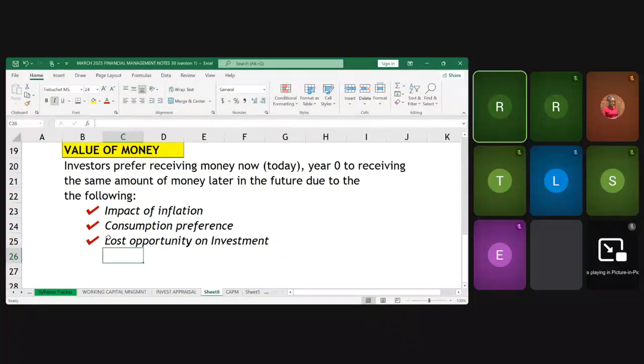Another reason why we might not want to wait is that there is a risk of not receiving. That is something very key and critical. Now, we have these 4 reasons why people would want to receive money today.